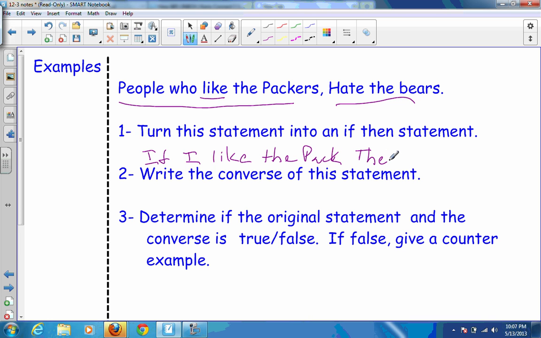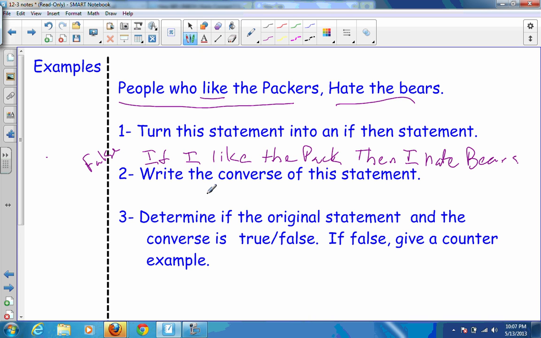If I like the Packers, then I hate the Bears. Is this true or false? I would say probably false because I know people who like both the Packers and the Bears. I don't know how they do it, but I know people.